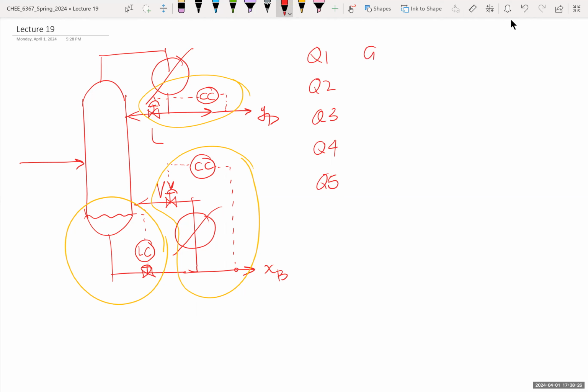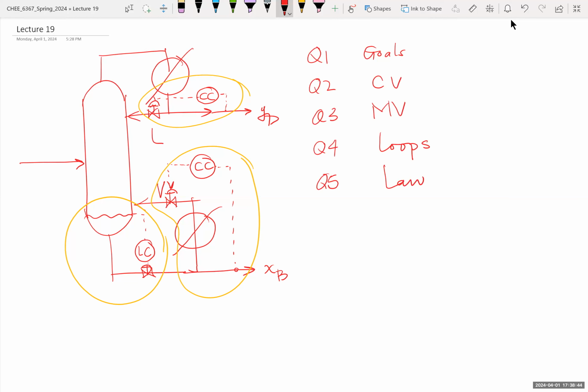It was, what are our goals? What are the measurements? The measurements and the manipulations. What are the interconnections? And finally, what is the control law?